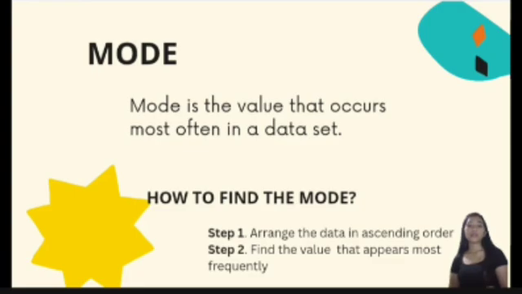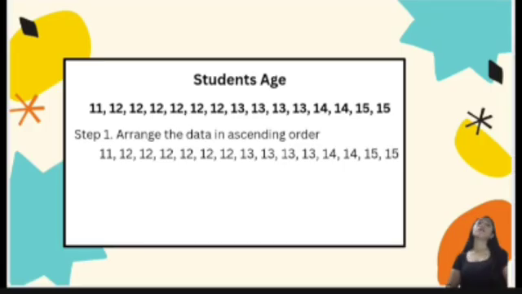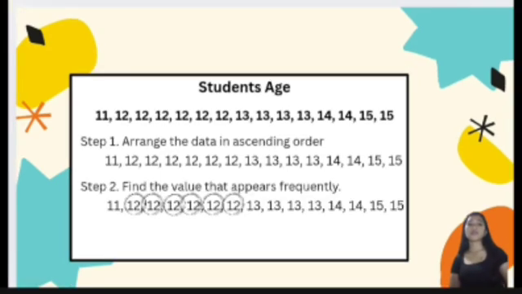So this is very easy now. Using the collected data, here is the ascending order. Then step 2 is find the value that appears most frequently.